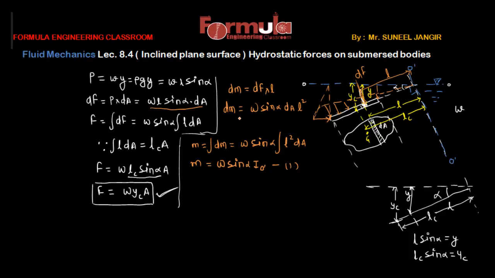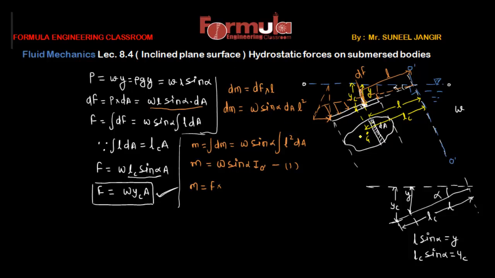So this sum of moments about this axis will also be equal to the moment exerted by the total force about the same axis. So the total force is this one, so I can also write M, because this value will also be M, so M will be equal to F into, now this F will act at the center of pressure, and obviously in this case we don't know where the center of pressure is.